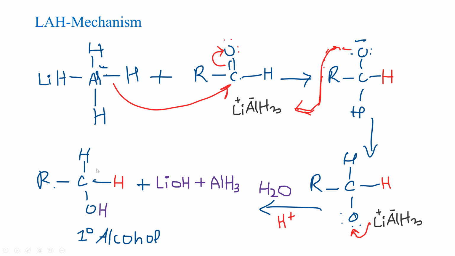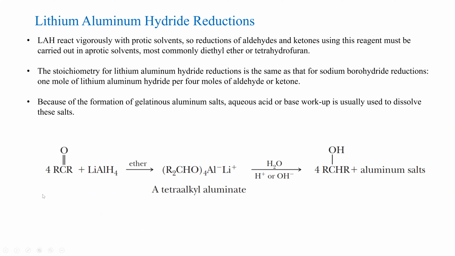So now the product we are getting is the primary alcohol in the case of the aldehyde. And if we go back to the previous slide, if we have the ketone, the product we are getting is the secondary alcohol.